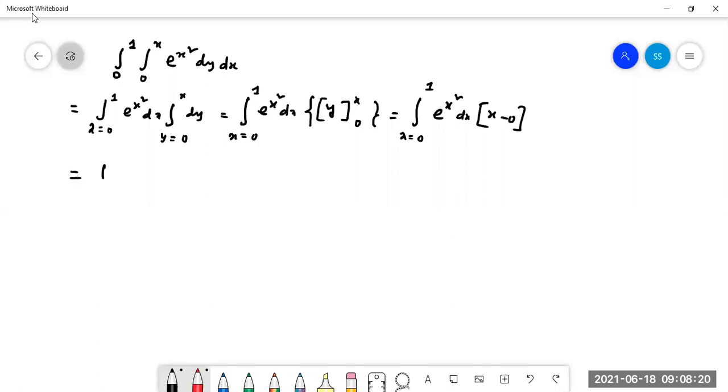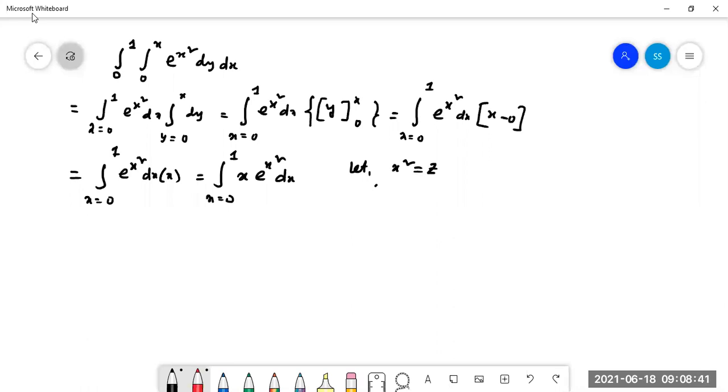So it comes integration x equal to 0 to 1, x e to the power x squared dx. Now let us take x squared equal to z. So 2x dx is equal to dz, so x dx is equal to dz by 2. Now the limit of integration.